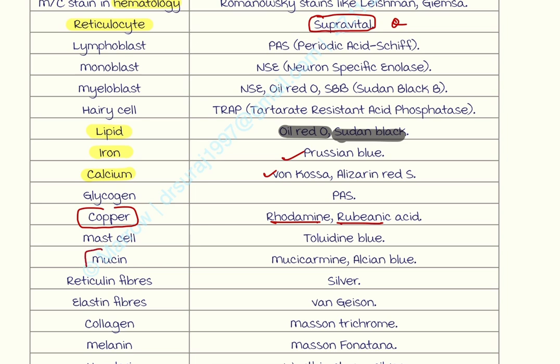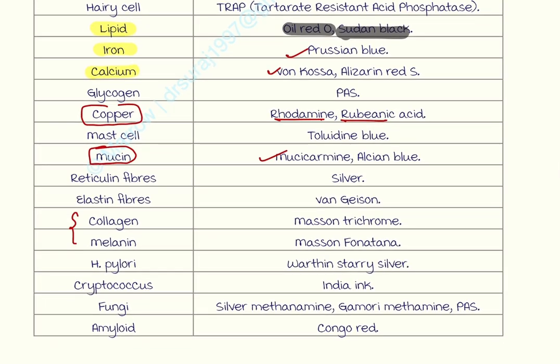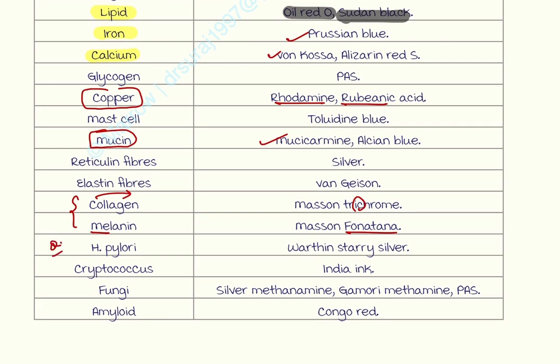Mucin I told you in Barrett's, it is mucicarmine or Alcian blue. Collagen is Masson's trichrome, so C for collagen, and for melanin you have Masson's Fontana. H. pylori, Warthin-Starry stain is silver, black H. pylori you will see.